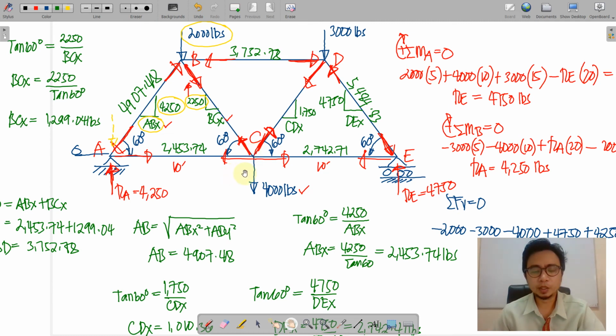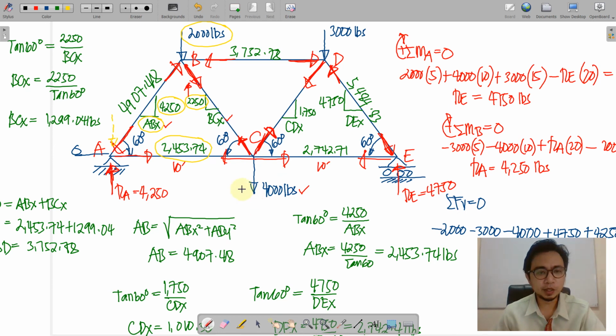Of course, we are done with the vertical. So at C we are going to investigate the horizontal force. You can directly enter it in your calculator. If we have a leftward force that is negative, then a rightward force is positive. So we go directly into our calculation.